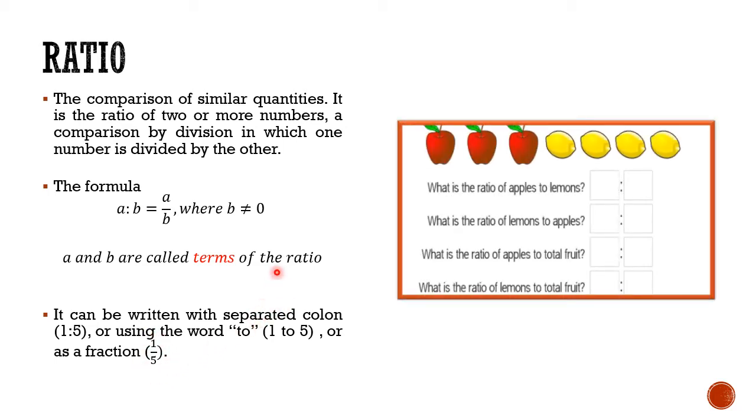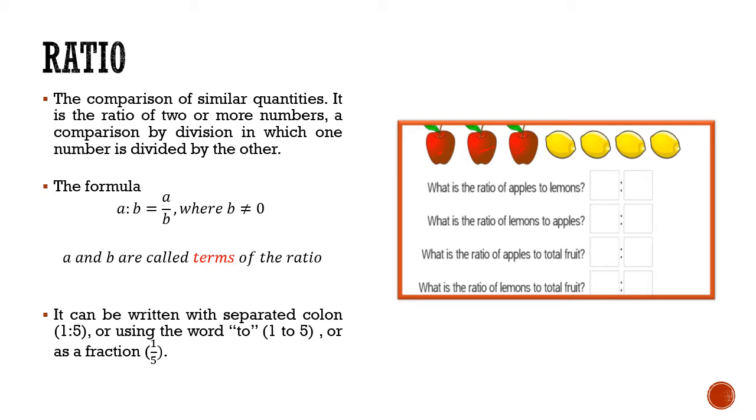As you can see, we have here apples and lemons. So we're going to take the ratio here. For the first question, what is the ratio of apples to lemons? So first, let's count the apples. We have 1, 2, 3.